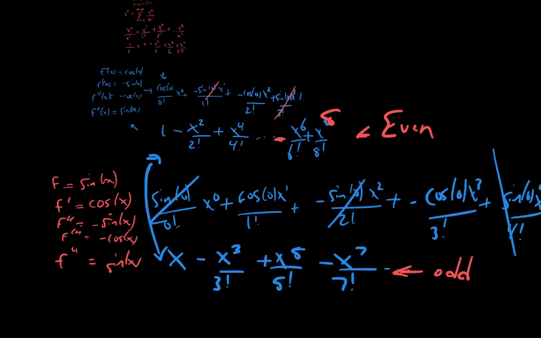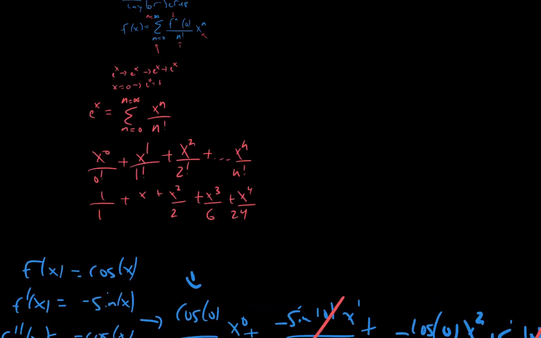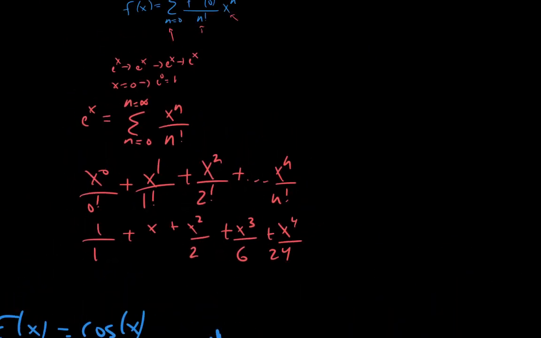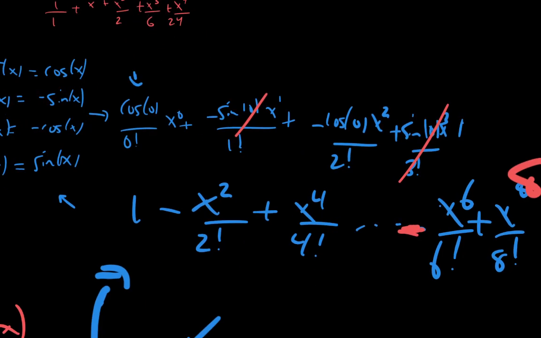And that's the basics for e to the x. For our Taylor series, our Taylor series for e to the x was 1 plus x plus x squared over 2 plus dot dot dot. Our cosine was 1 minus x squared over 2 plus x to the 4th over 24 plus dot dot dot.